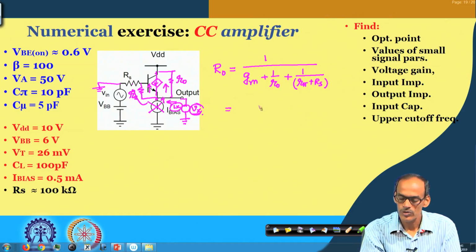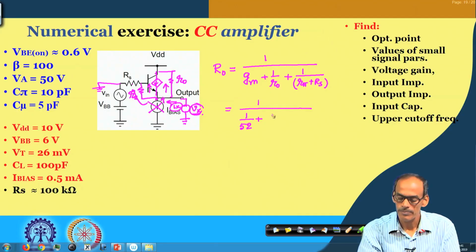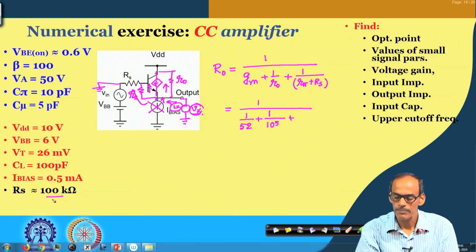Now, here gm is 1 by 52, and Ro is 100k, that is 10 to the power 5, and then R pi plus Rs. Rs we are taking as 100k.